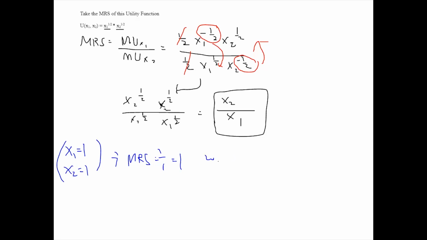This means we're willing to give up 1 unit of x2 to get 1 unit of x1.